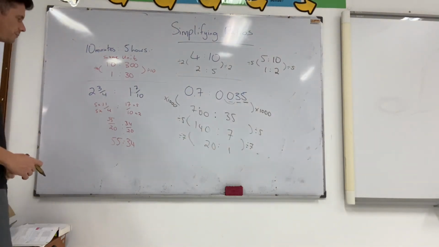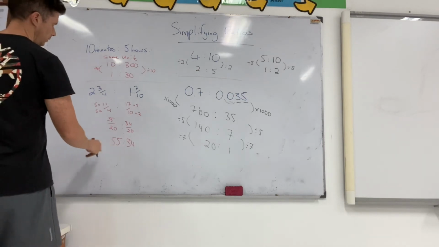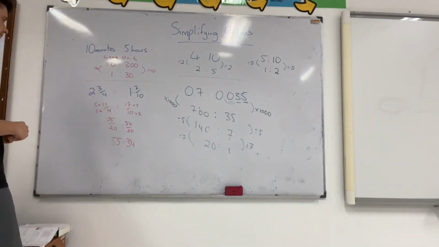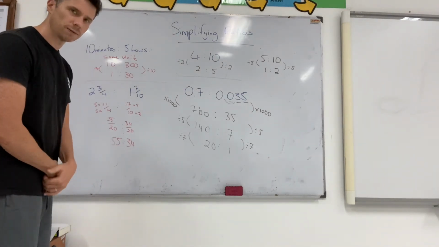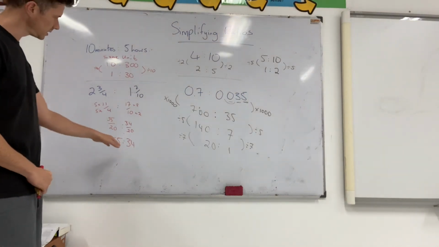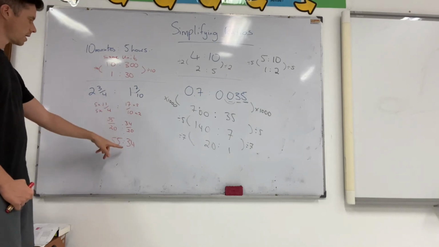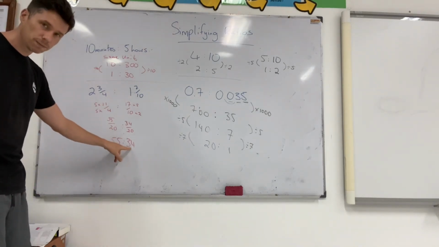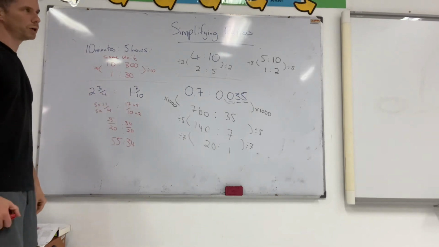Okay, can I simplify further here? Well, I'm thinking. This is divisible by 5 and 11 and 1 and 55. I don't think anything more than that. This doesn't have any common factors, so I don't think I can divide by anything here, and that is its simplest form. So 55 to 34 is a ratio representation, simplified, of 2 3/4 to 1 7/10.